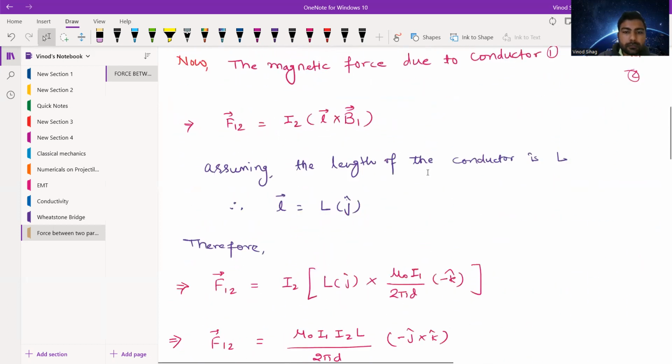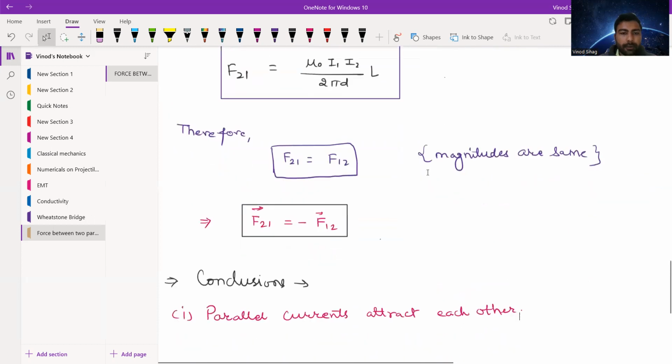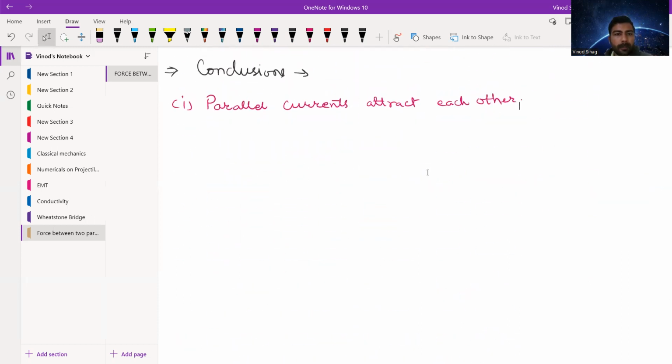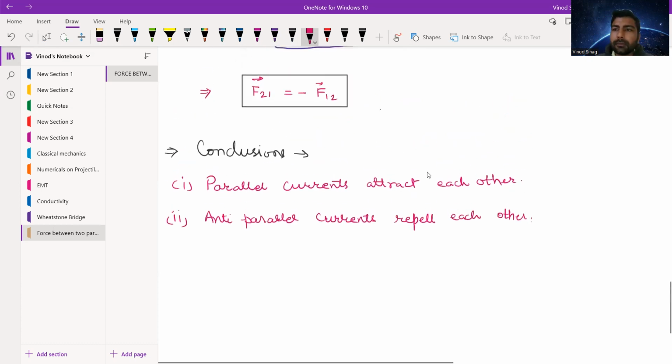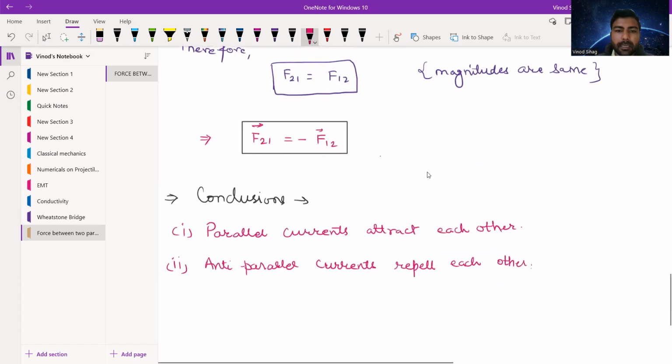So the second point is anti-parallel currents repel each other. These are the 2 points. Okay. And although the magnitude of force will be same, they will be repelling each other.